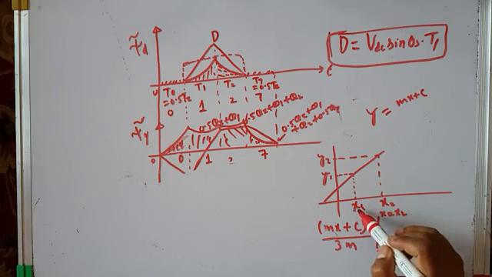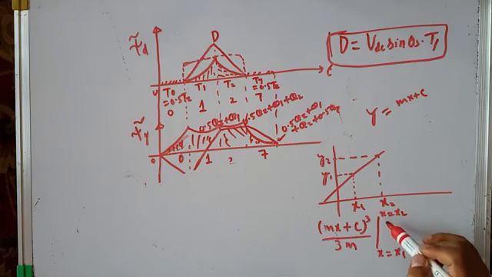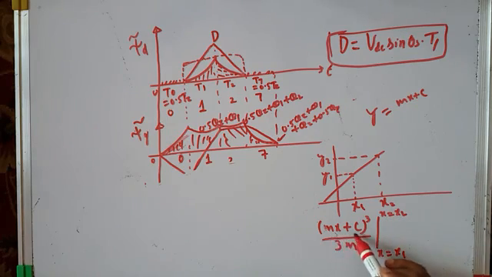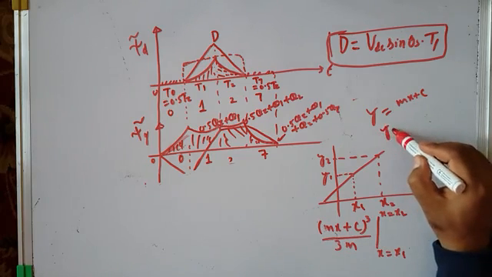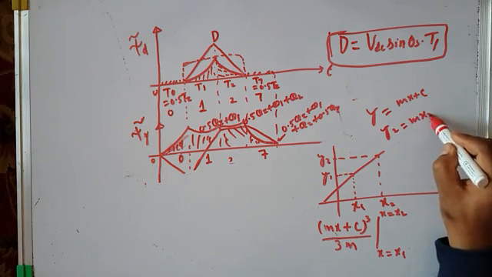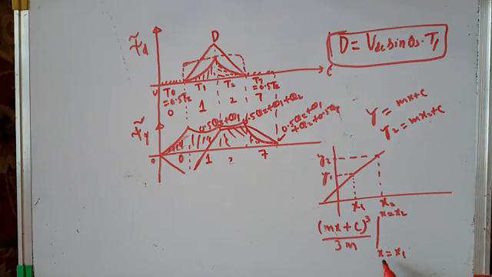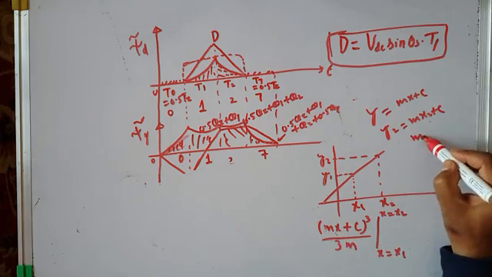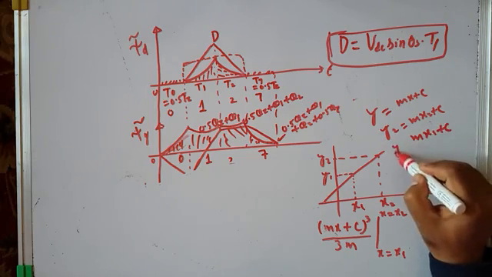At x equal to x2, it is mx2 plus c, so it will be y2 equal to mx2 plus c. And when I put x equal to x1, I get mx1 plus c, that will be equal to y1.